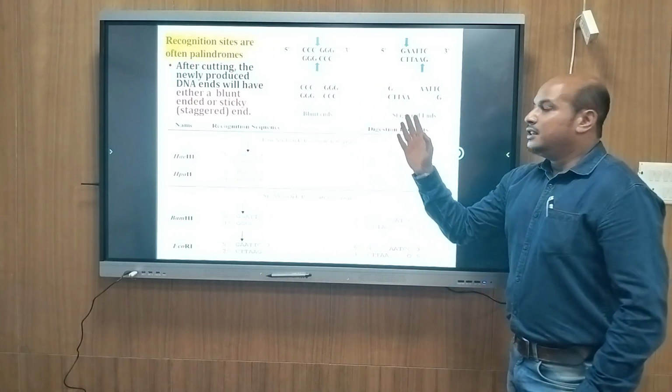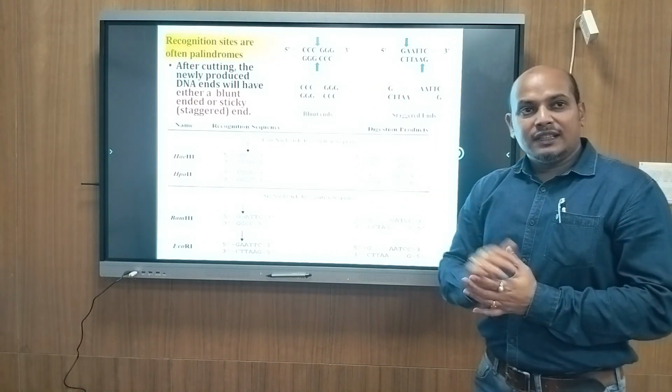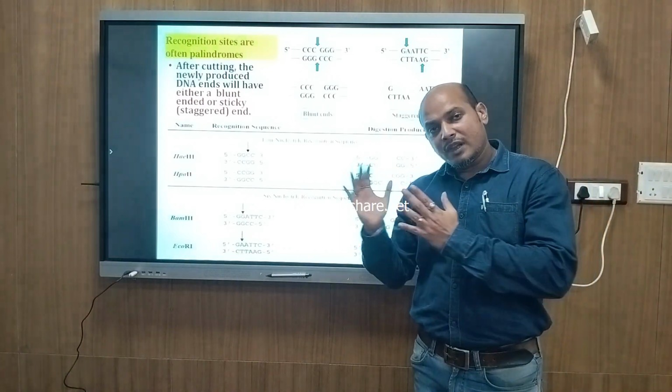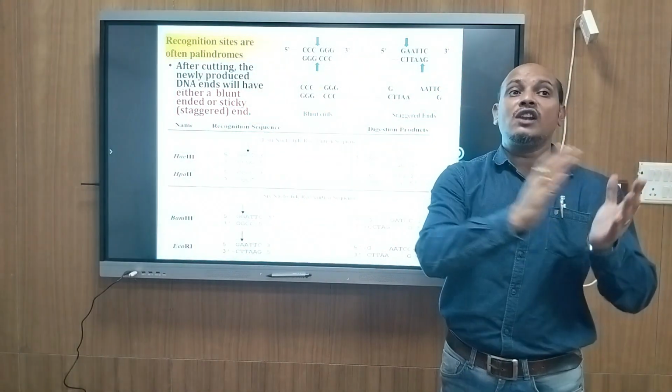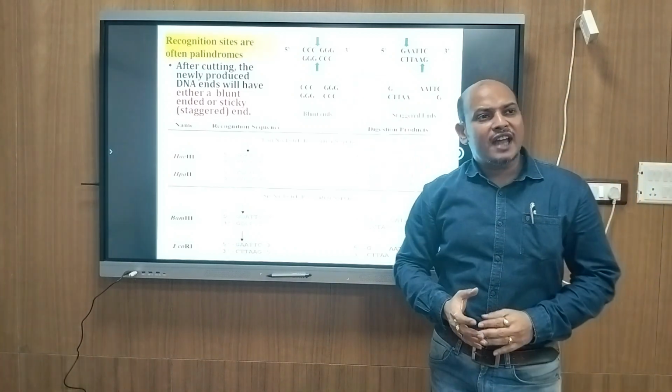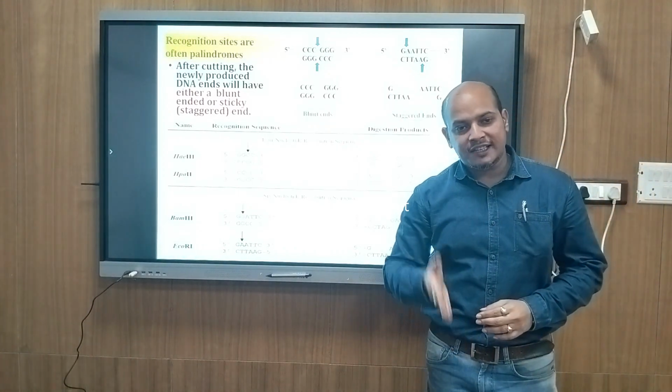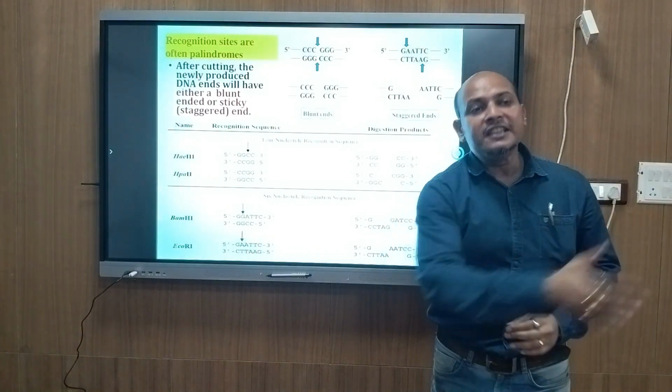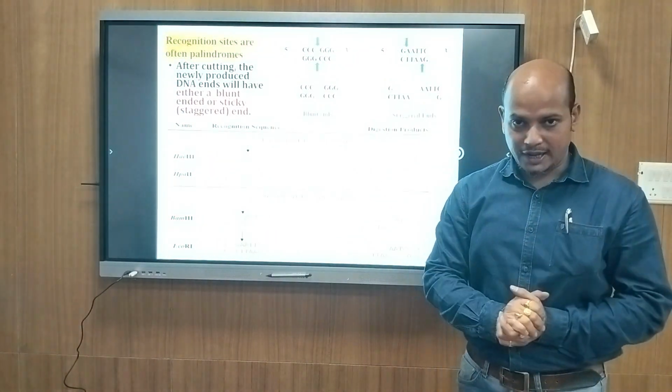Now, these are the types of sequences that are recognized by restriction endonucleases, specifically the type 2 restriction endonucleases. Following the recognition, as I mentioned, the type 2 restriction endonucleases cut within the sequence that they recognize.